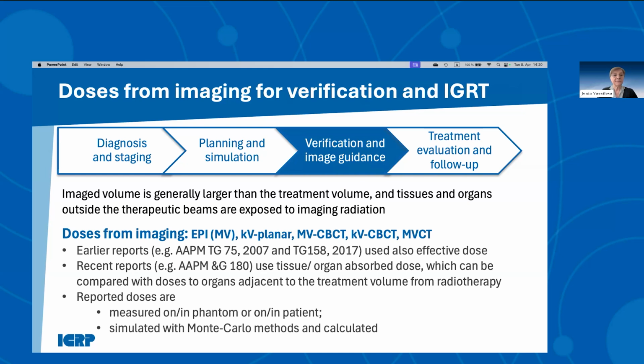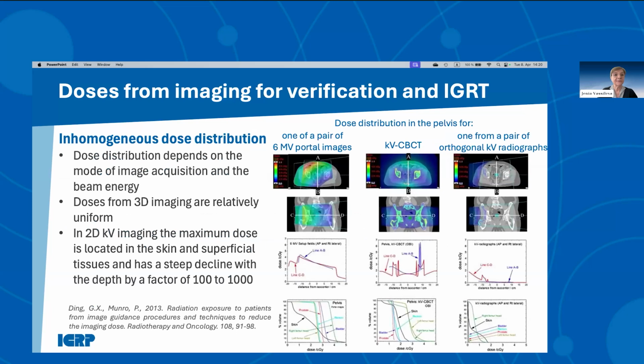So earlier reports used effective dose for this, but it was considered inappropriate because, in order to compare with doses to organs from the radiotherapy treatment volume, absorbed dose to tissues and organs is considered to be the most appropriate. And these doses are reported either from measurements in phantoms or simulated with Monte Carlo methods and calculations.